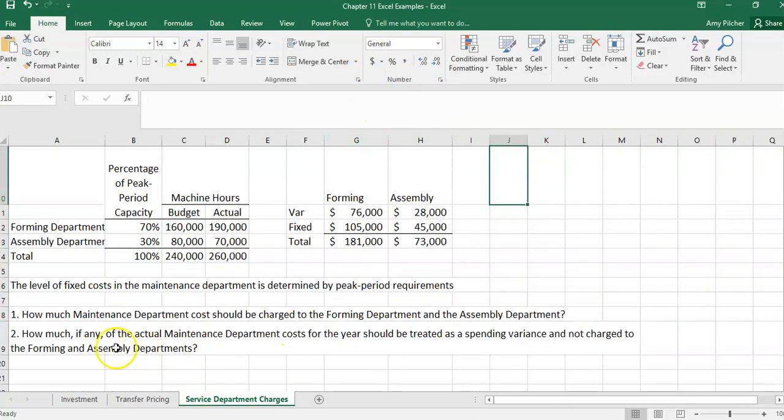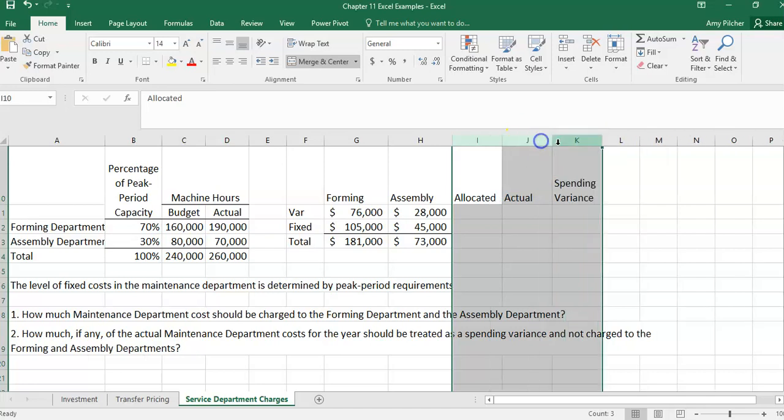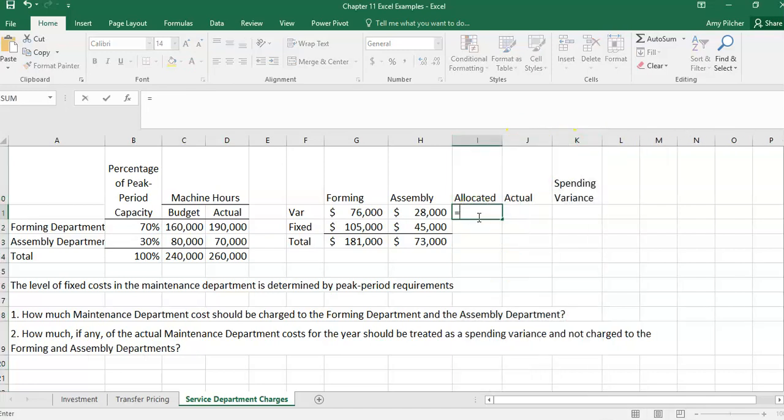Question 2 says, how much, if any, of the actual maintenance department costs for the year are a spending variance and not allocated to any department? So now we need to know what is the difference between what was allocated and what our actual costs are so that we can determine our spending variance for the department. So what was allocated for variable costs are forming and assembly added together.